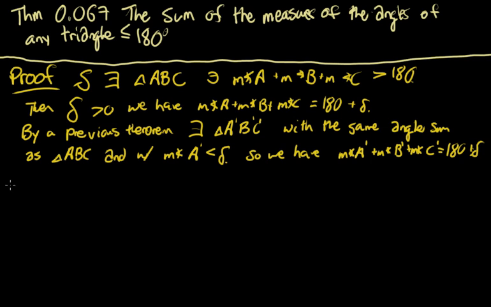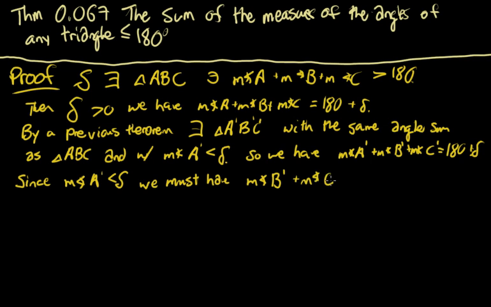And then notice that measure of angle A prime is less than delta. So since measure of angle A prime is less than delta, we must have measure of angle B prime plus measure of angle C prime is greater than 180 degrees.